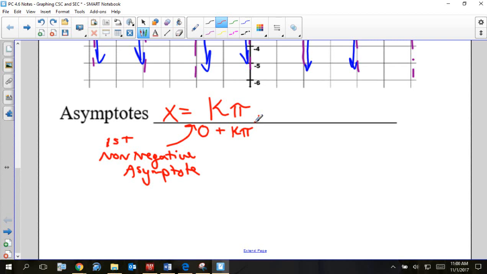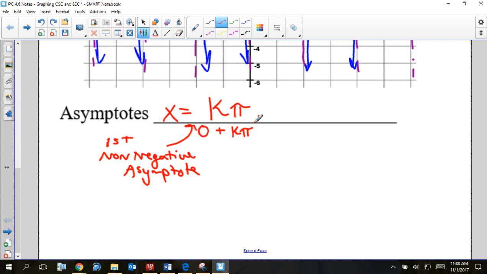We have to say something about k, because k says the number of pi's to get any of these. So if k was 1, that would be 1 pi, and we have an asymptote there. If k was 2, there would be an asymptote at 2 pi. If k was negative 3, there would be an asymptote at negative 3 pi. If k was 100, there would be an asymptote at 100 pi. If k was a half, is there an asymptote at half pi? No, so we have to specify that k is only what kind of numbers?